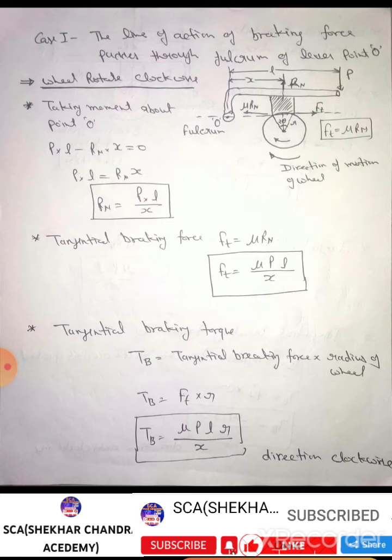Now tangential braking force Ft. This is also in the direction of motion of wheel. So tangential braking force Ft is equal to mu Rn.